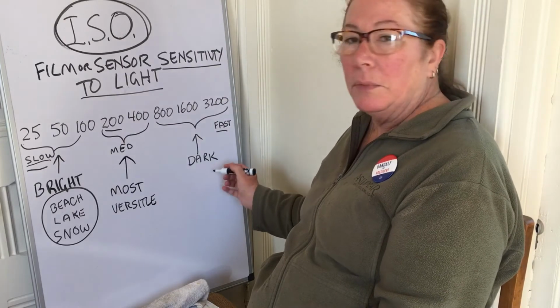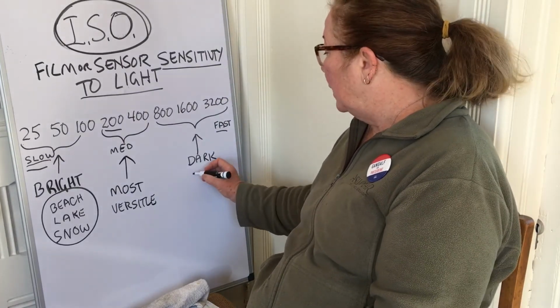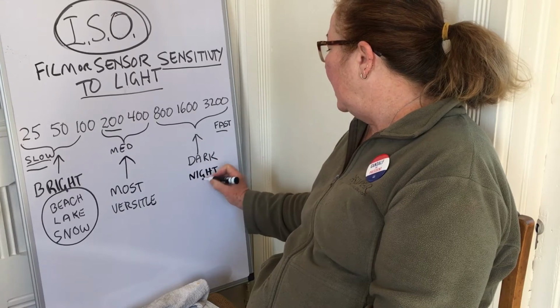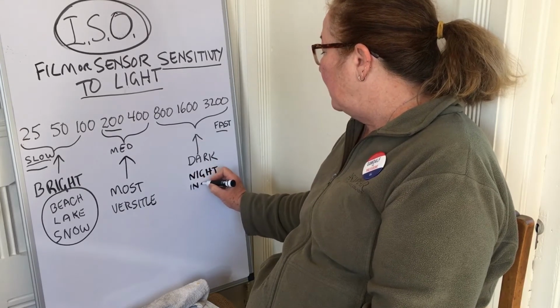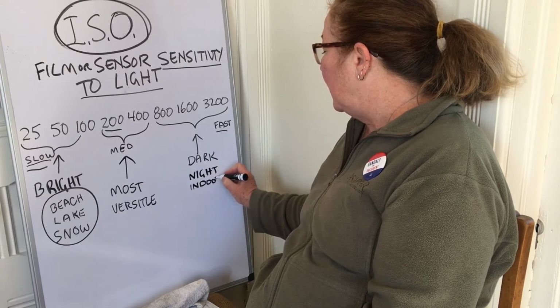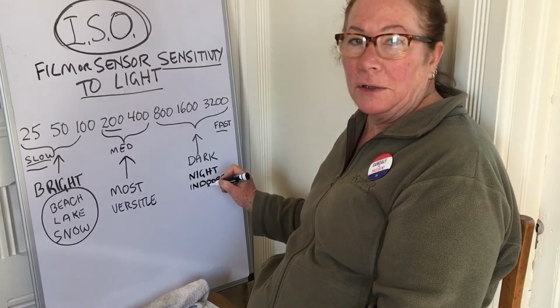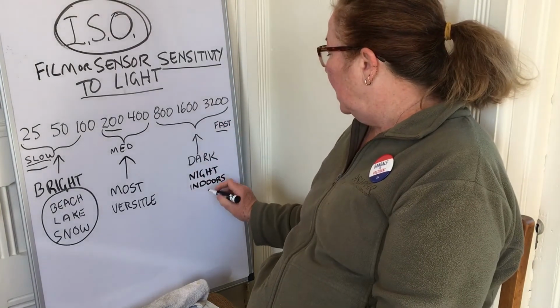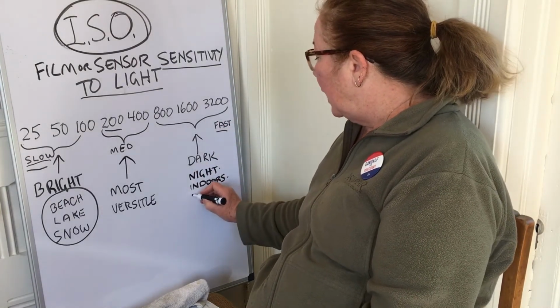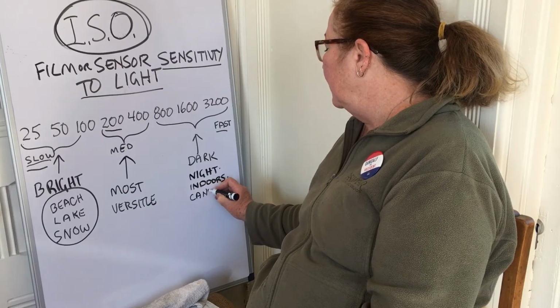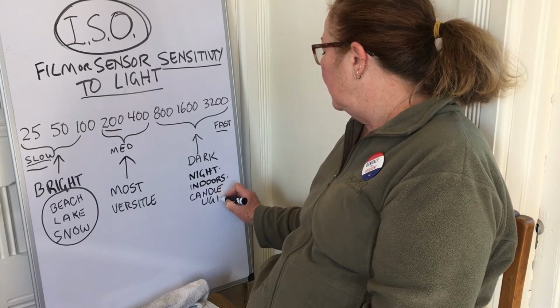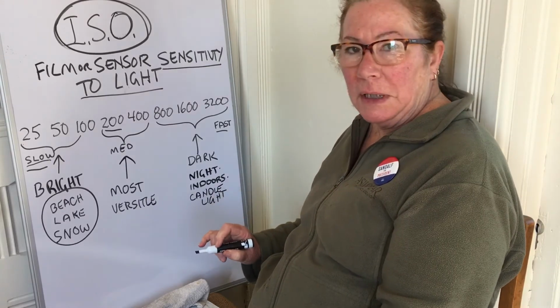This film, what would be dark conditions? Well, dark conditions might be nighttime, right? Could be indoors, could be really dark. Sometimes indoors, even in the daytime, is really dark depending on how many windows or how much light is in the room, right? Candlelight. And those would be considered really dark conditions.